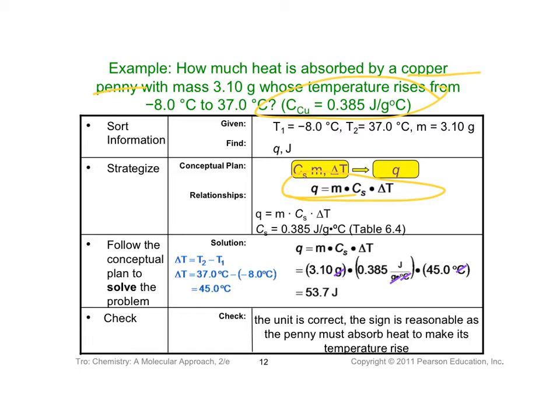Temperature final minus temperature initial, it rises from minus 8 to 37, so 37 is the final. So now we got 37 minus a minus 8 gets us 45. Plug that in, plug in the specific heat, plug in the mass, and boom, you've got the joules.